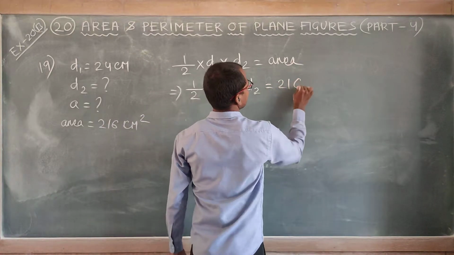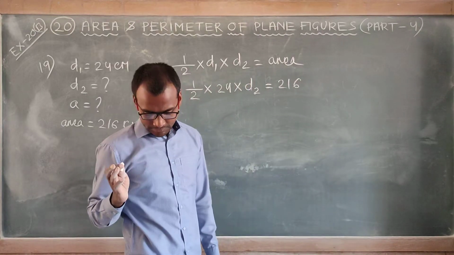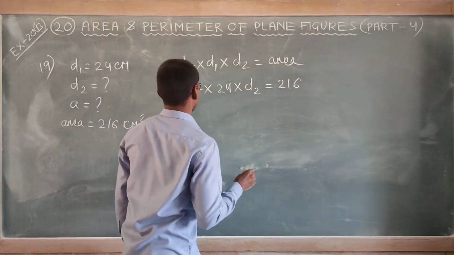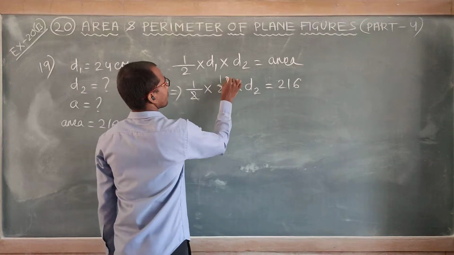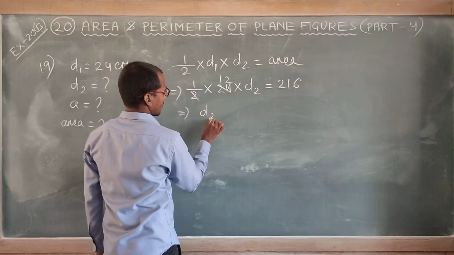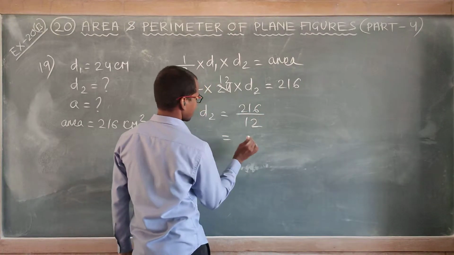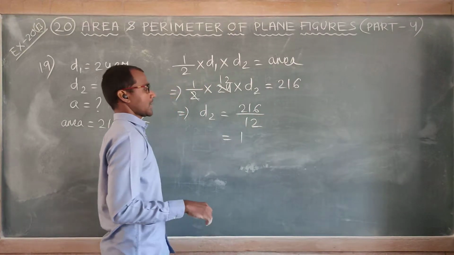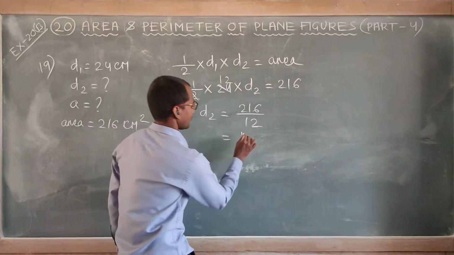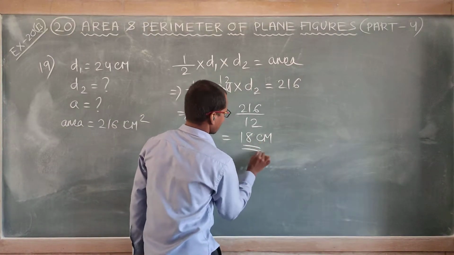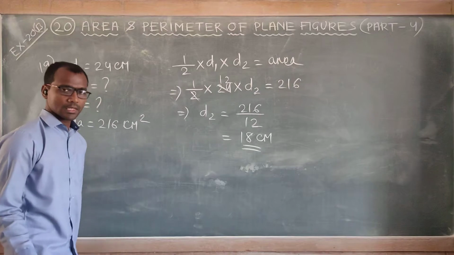Area is 216. So 2 into 12 is 24. D2 is 216 by 12, which is 18 cm. The other diagonal is 18 cm.